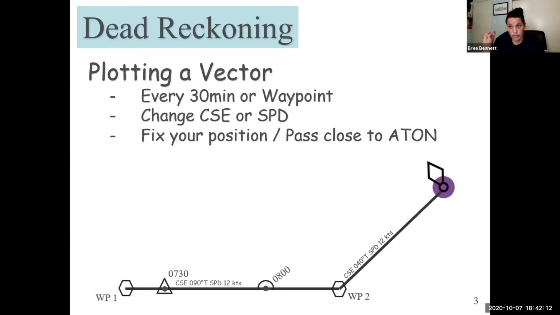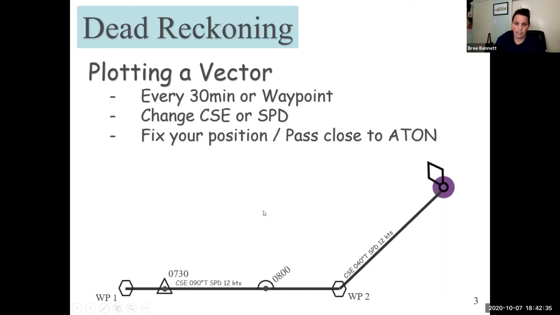If we change our course, we replot our vector. If we change our speed, we replot our vector. So those three things that we need to create it, if any of those change at any point, then we replot. So because we are experts at 60D Street, that replot is going to be super quick.